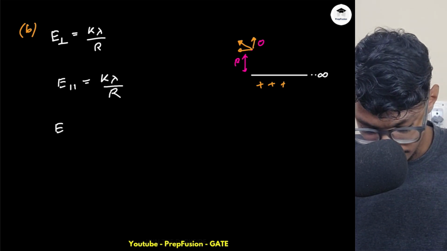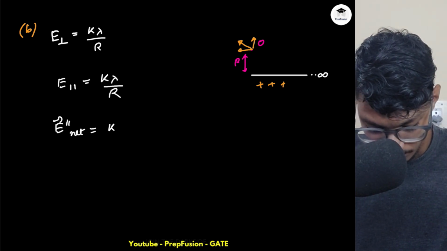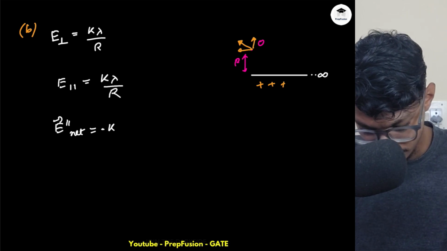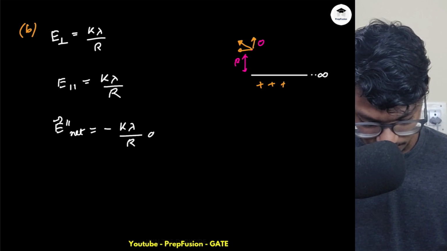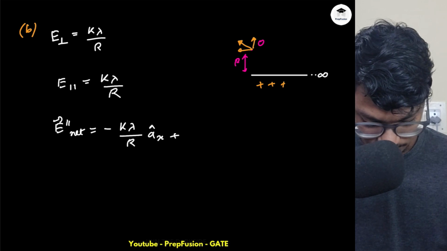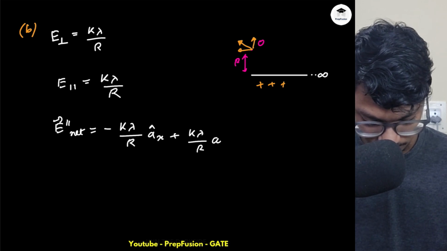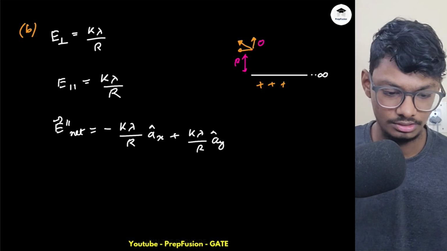So my E double dash net will be equals to, this will be minus because this is in the minus ax cap direction, minus k lambda by r ax cap, but this is in the plus ay cap direction, right? Plus k lambda by r ay cap. Okay, so you get it.